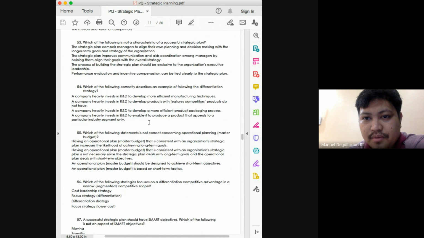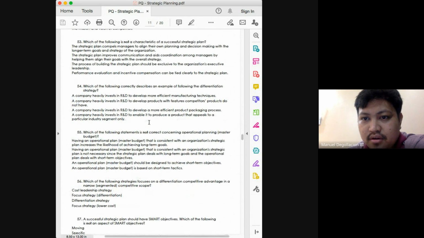54, which of the following correctly describes an example of following the differentiation strategy? Efficient manufacturing techniques, that's you're trying to reduce your cost. A company heavily invests in R&D to develop products with features competitors' products do not have.